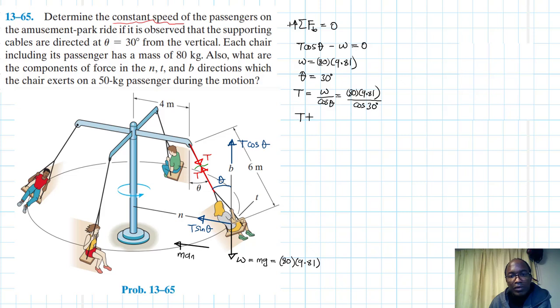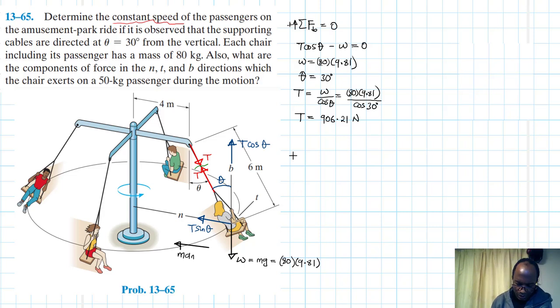T therefore is going to be equal to, where is my calculator? 80 times 9.81 divided by cos 30. This gives us 906.21 newtons.